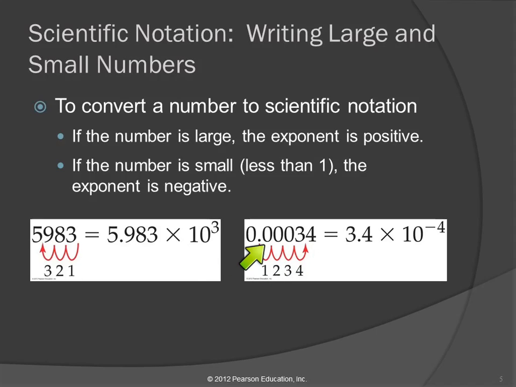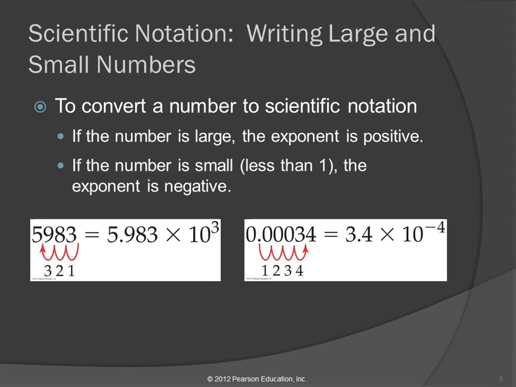Right? So this number, 0.00034, we're going to move the decimal point from where it was to just after the 3. We need one non-zero digit, decimal point, and then anything else that might be there. So we count with our little loopies here. We moved it 4 places. That means the exponent is 4. Then we have to decide, plus or minus. This original number, big number, small number? Small number. Small paycheck, negative feelings.